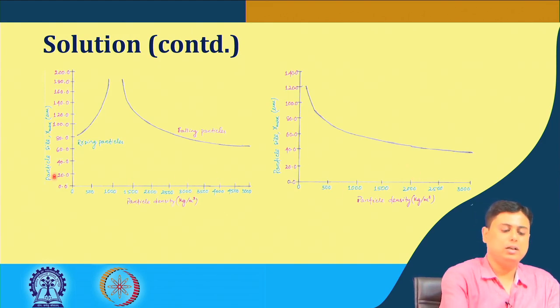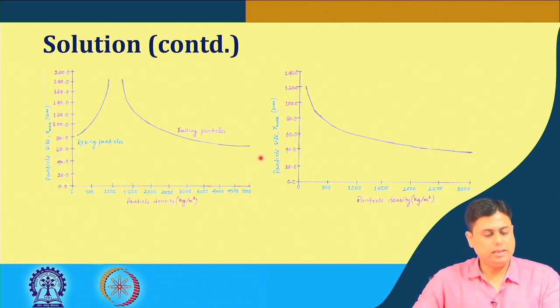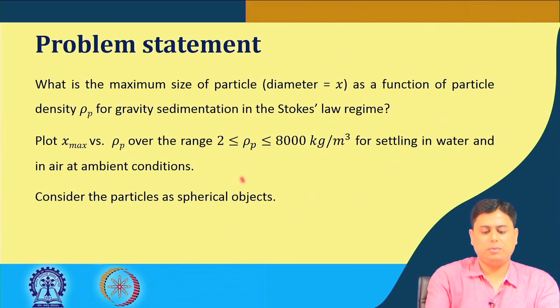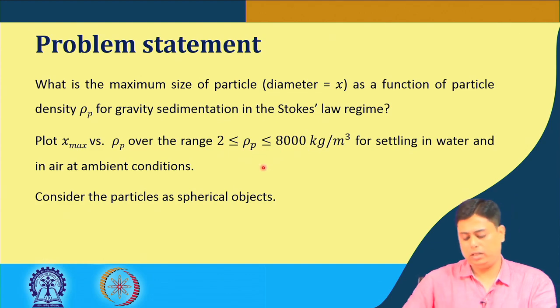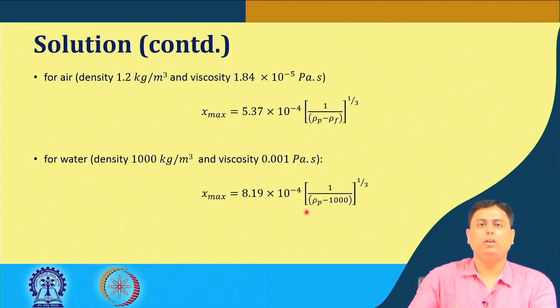The reason there is a rising particle curve and a falling particle curve is that the density of water is 1000 kg per meter cube, as has been mentioned here, but the particle density range that has been asked is 2 to 8000. So that means below the 1000 kg per meter cube, the particle will not settle, it will rather rise.